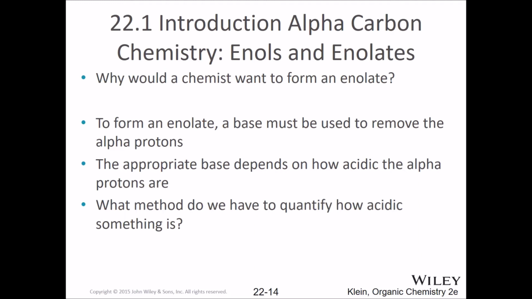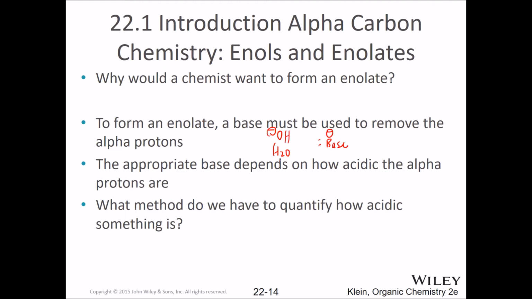Okay. So now, to form an enolate, a base must be used to remove the alpha protons. To form an enolate, a base must be used, right? So in the base catalyzed version of it, it was hydroxide. In the acid catalyzed version of it, the base was water, and in the strong base catalyzed version of it, we just called it a base, right?